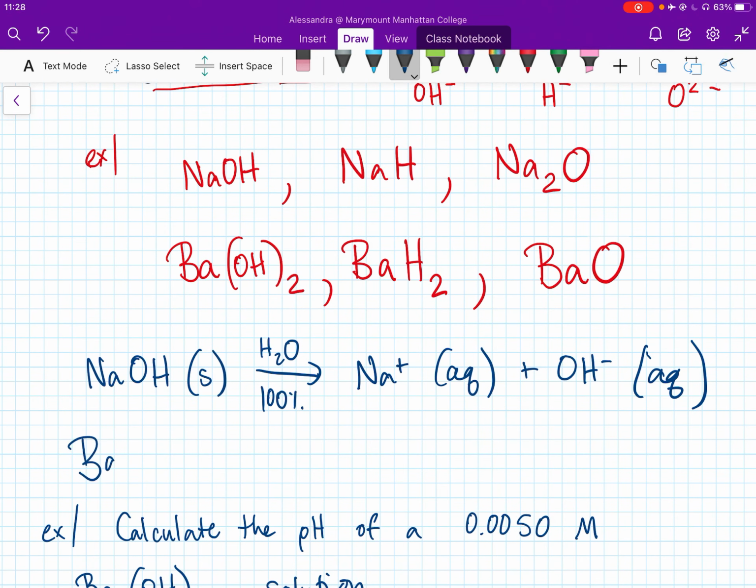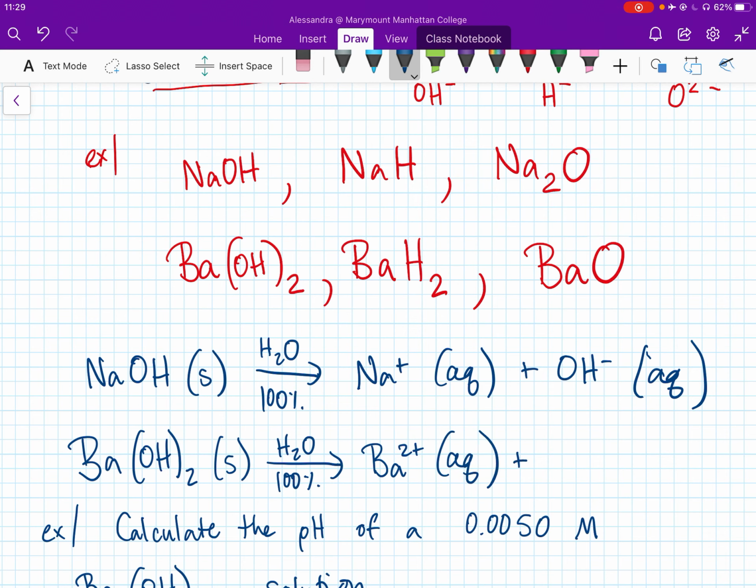By contrast, barium hydroxide has a different stoichiometric ratio. It also completely dissociates in water, but for every 1 mole of the barium hydroxide, I'm going to get 2 moles of hydroxide that come out, because of the formula of that alkaline earth metal hydroxide.